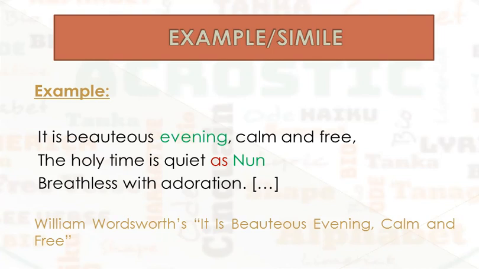So how can the nun be similar to the evening, to the darkness and the quietness of the evening? This is what we will know about in the next slide.